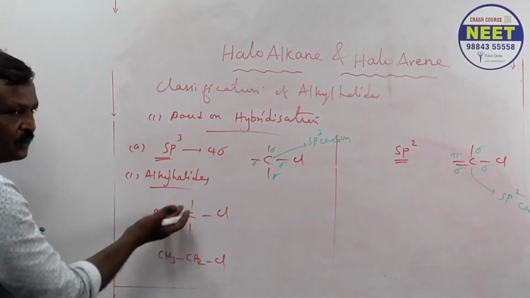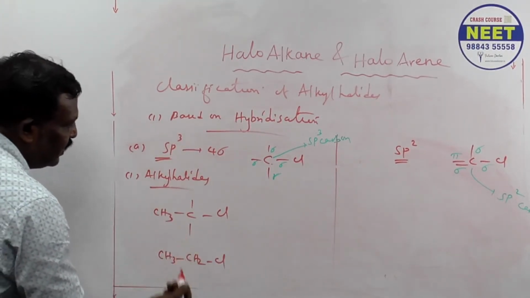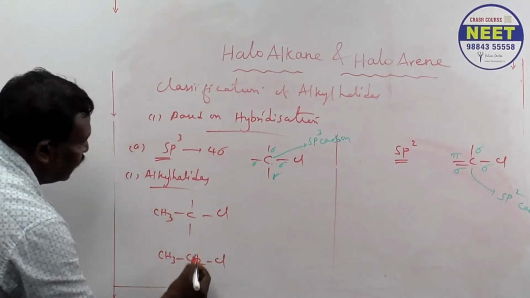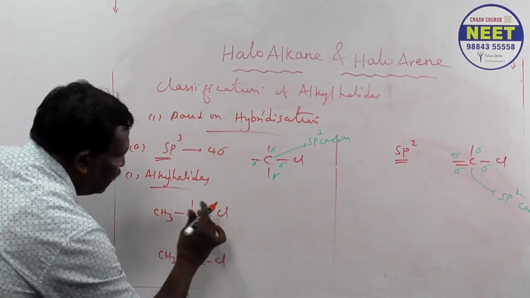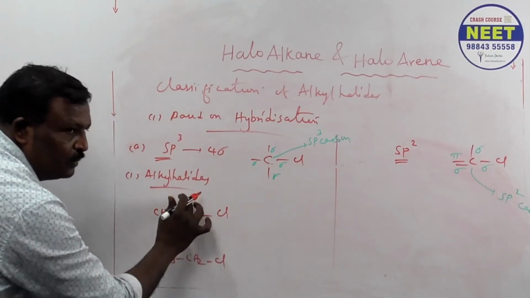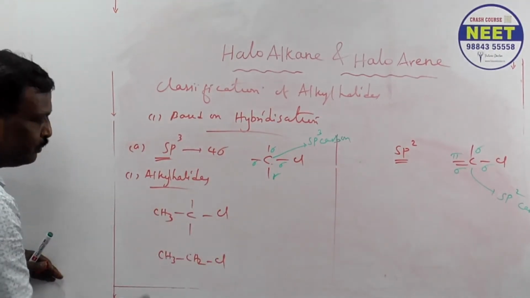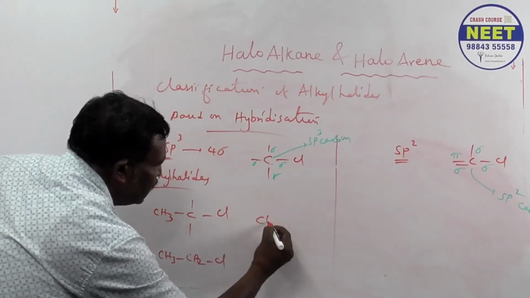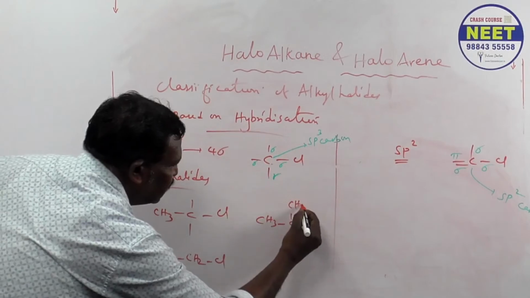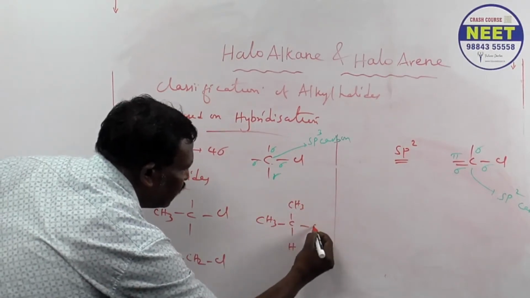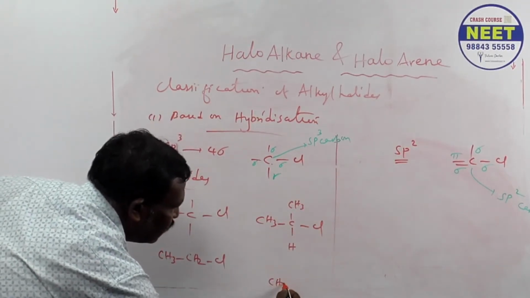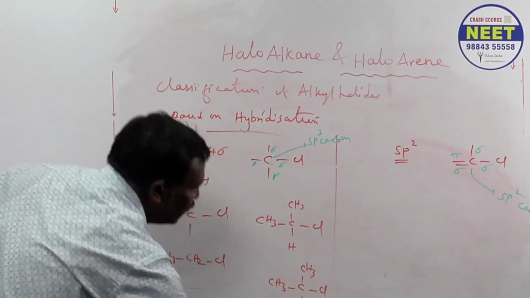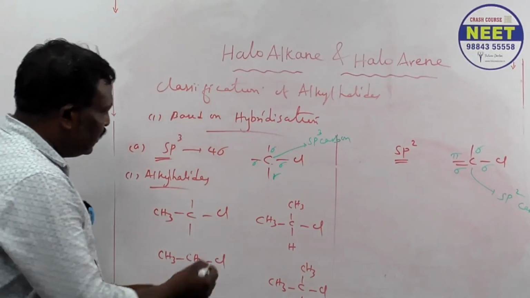This is an example. Suppose here, both sides if you put hydrogen, it is a primary alkyl halide. Suppose it is like this, CH3, C.